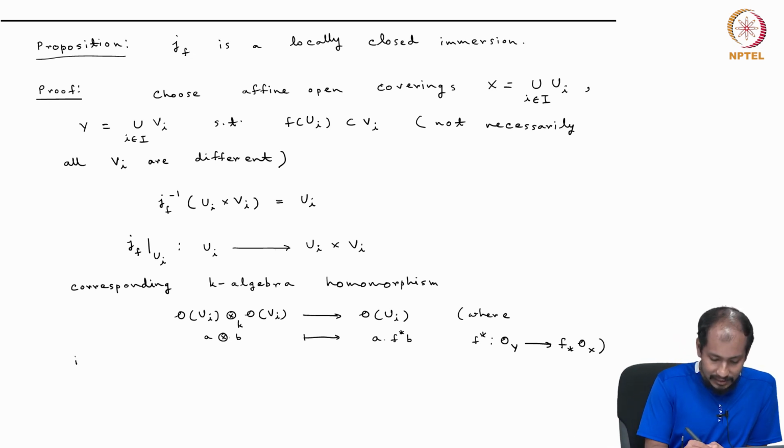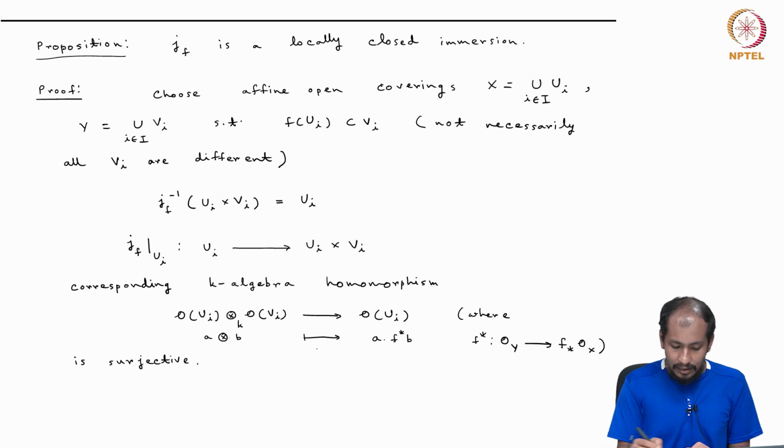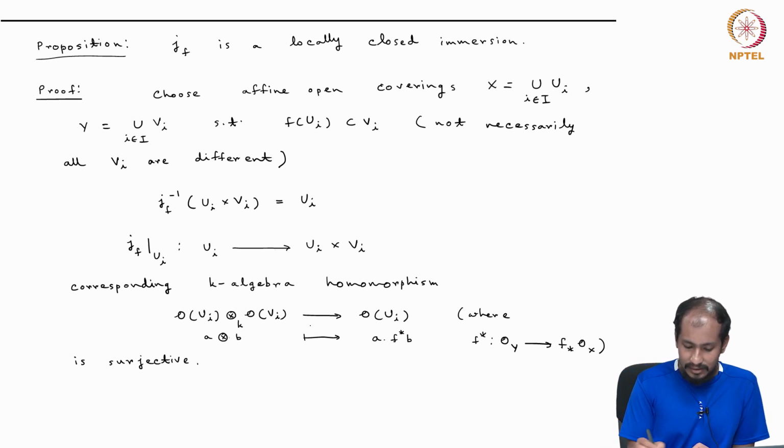Now this is surjective. It is pretty obvious, because a tensor b goes to a times f star of b, so it is easy to see that it is a surjective map.